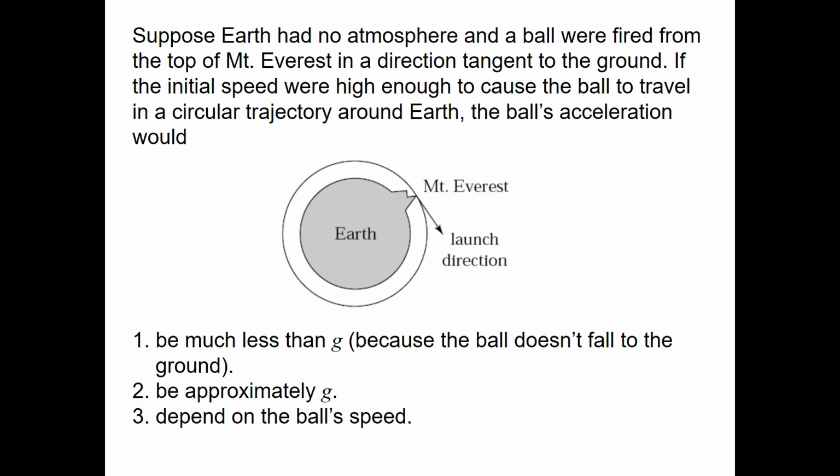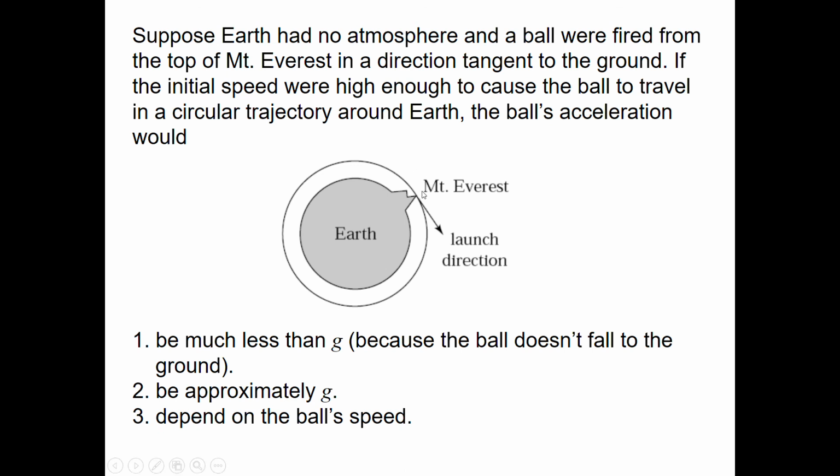Okay, let's finish up with one voting question. Here is a comical picture of the side of Earth with Mount Everest shown here. Of course, Mount Everest is not nearly that tall compared to the radius of the Earth, but so that you could see it on the diagram, someone drew this cartoon that way. Suppose Earth had no atmosphere, so we could throw something into orbit without any air resistance slowing it down. And a ball were fired from the top of Mount Everest in a direction tangent to the ground.